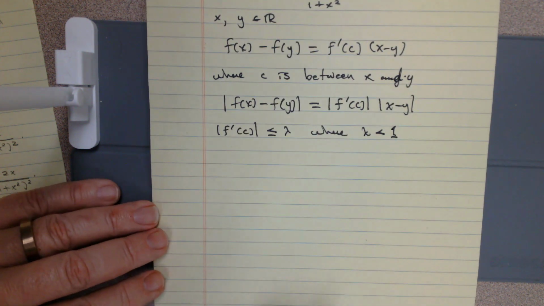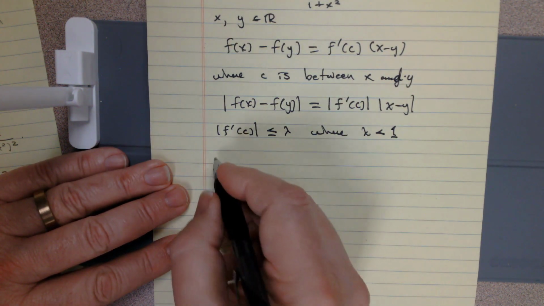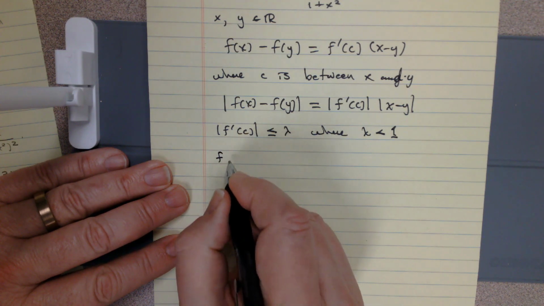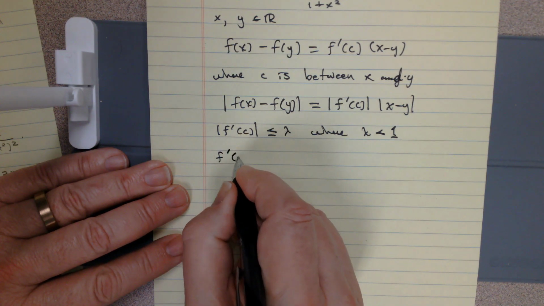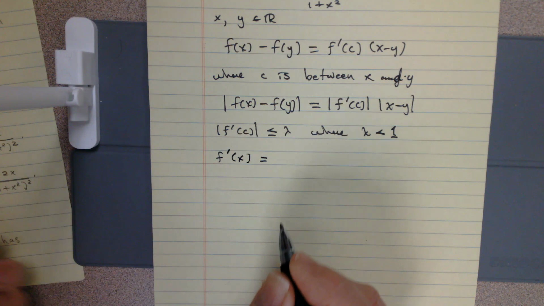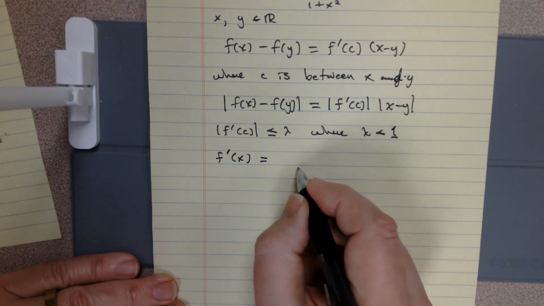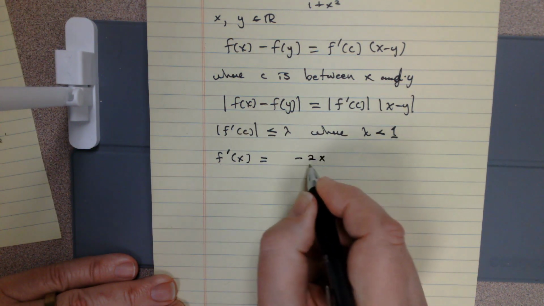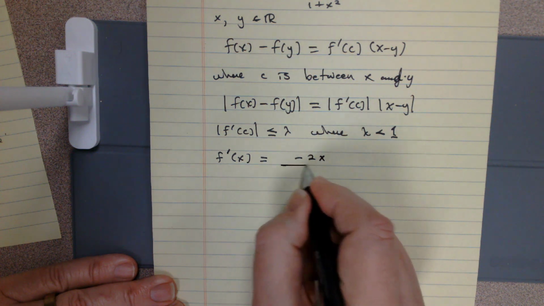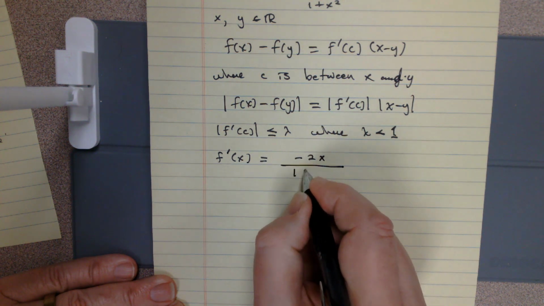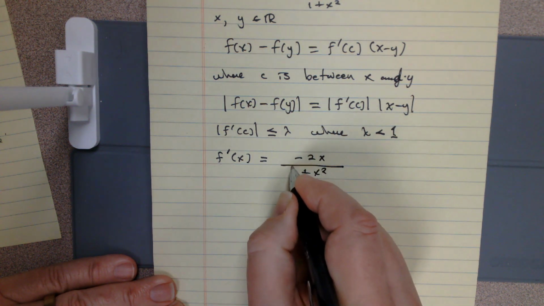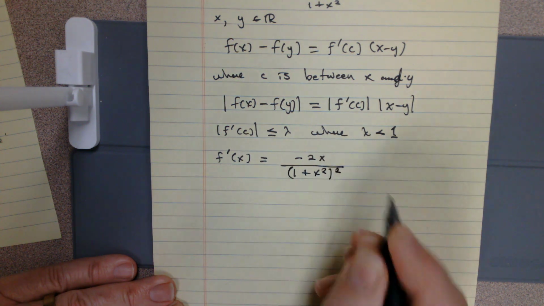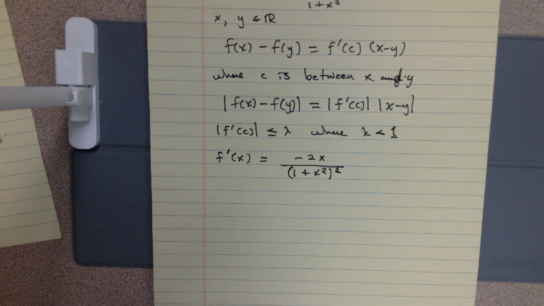First of all, we can calculate that f prime of x is equal to negative 2x over 1 plus x squared, quantity squared. I haven't shown you the calculation on this.